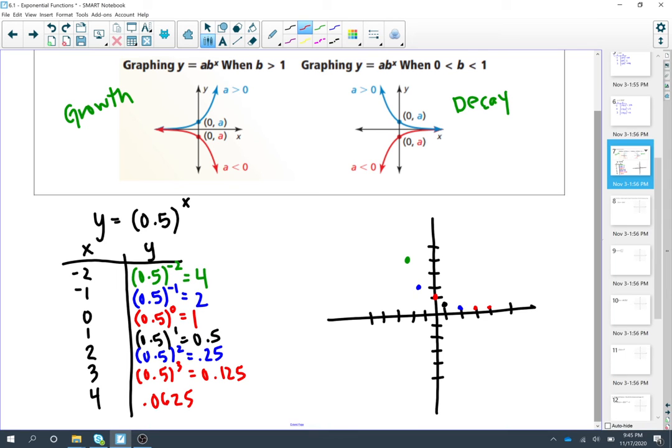Picture yourself standing looking at a wall. You can do this in your house. Go to a wall, stand 10 feet away from the wall. Then I'm going to ask you to cut that distance in half. So you're at 10 feet. You cut that in half. Now you're at 5 feet. Cut that in half. Now you're at 2.5 feet.